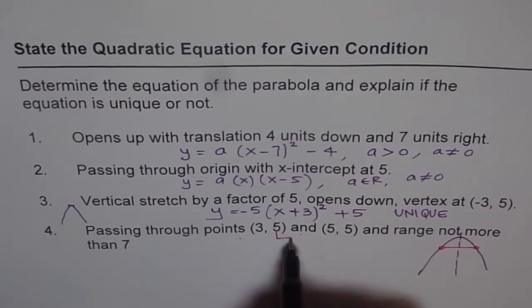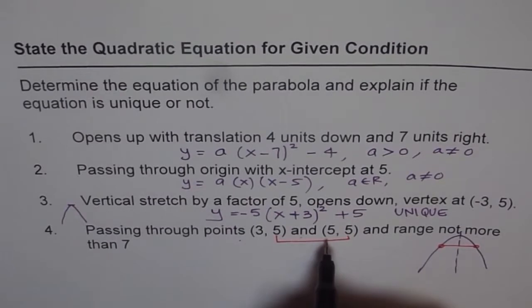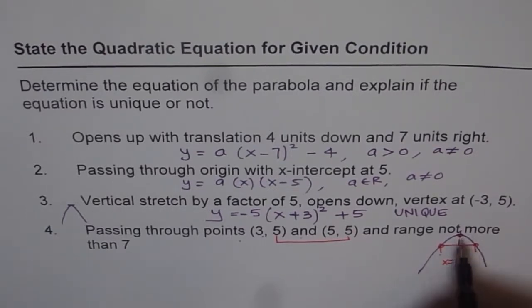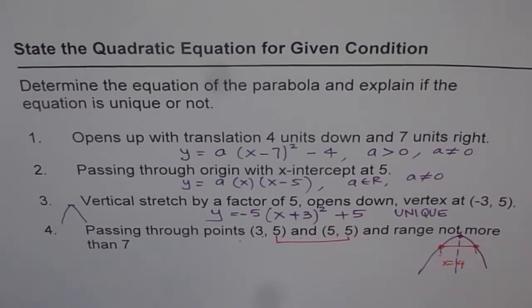You'll notice that the y values are the same, right? That means the axis of symmetry should be in between. So the axis of symmetry is at x equals 4, since these x values are 3 and 5. So we know the vertex. The maximum is given to us as 7, and it is at 4. Do you see that? Therefore, we know the vertex and we can write down our equation.